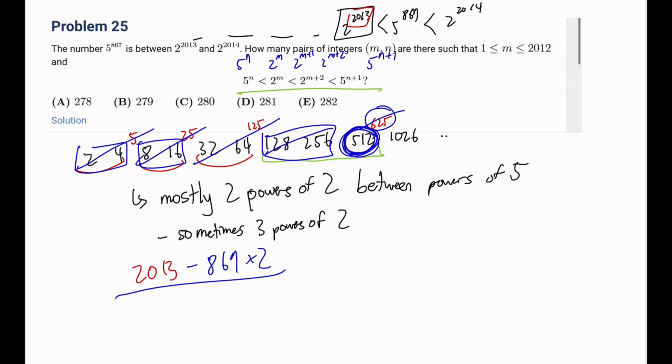So for each value of m that makes this true, there will be 1 value left over, right? And so this is basically telling us how many of these numbers are left, which is the number of pairs of integers m, n, such that the property holds.